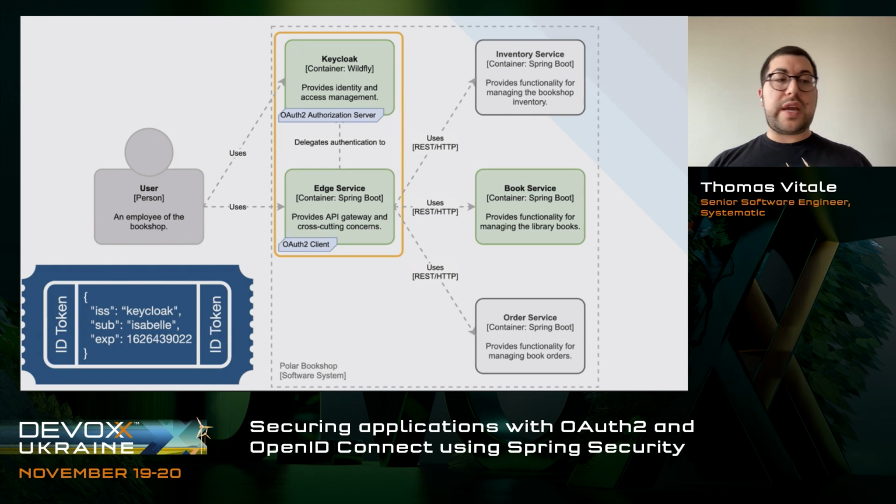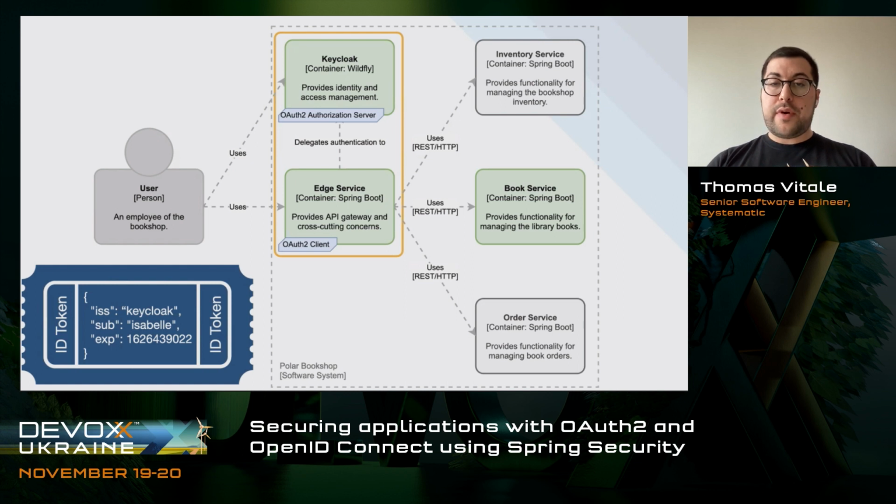And since now we have these two decoupled services, Keycloak is free to authenticate the user independently from what Edge Service is doing, because right now I have used a username and password form, but I could configure Keycloak in order to integrate with an Active Directory or to support two-factor authentication, or maybe to log in with Google or Apple. And by doing all of that, Edge Service doesn't need to be changed, because we use OpenID Connect as the single protocol for handling authentication, which is really great.